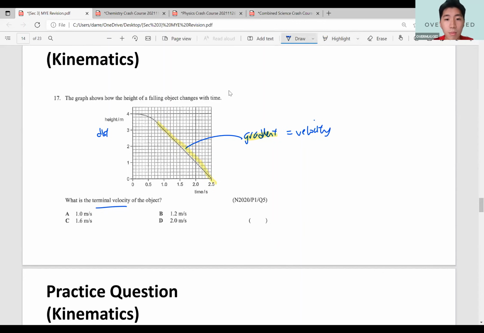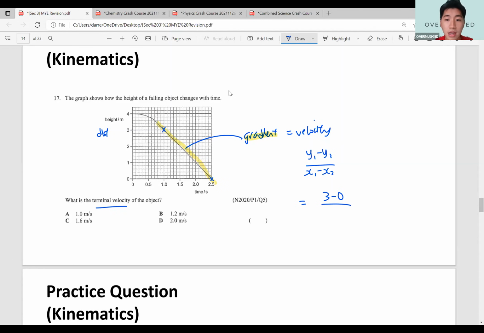So for those of you who are more familiar with y1 minus y2 over x1 minus x2, you can do that, okay? Or you can simply take y over x. So I'm specifically using this spot here and this spot here to find my gradient. So what's my decrease in height? It is 3, right? 3 minus 0 if you want it. And what is my time? From 1 second to 2.5 seconds, all right?